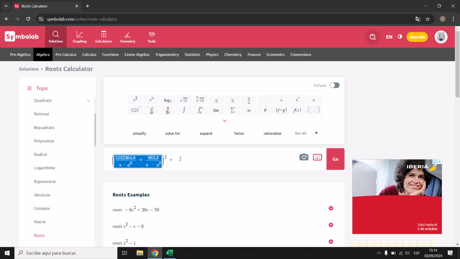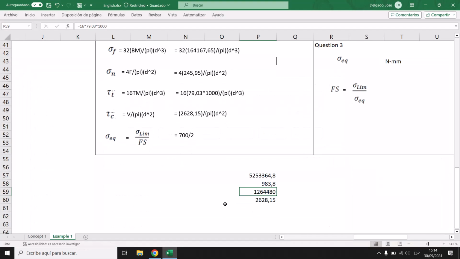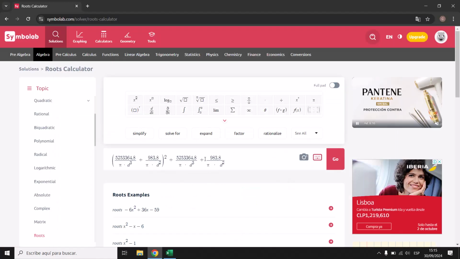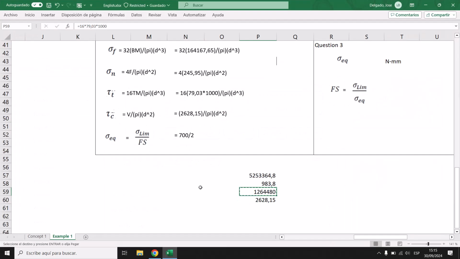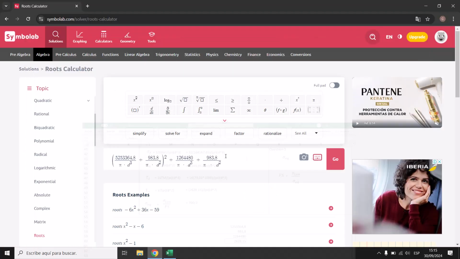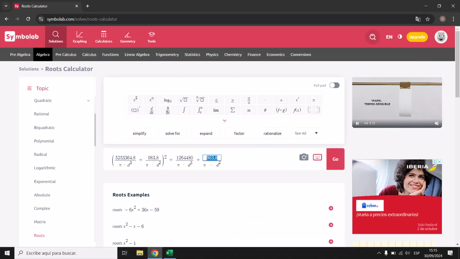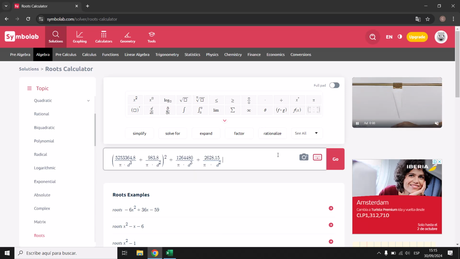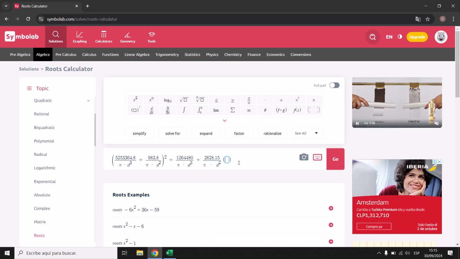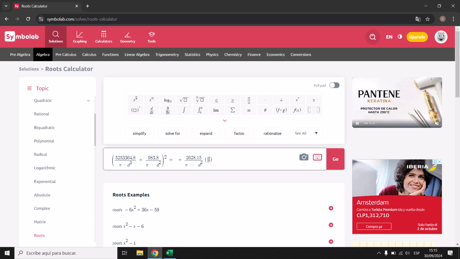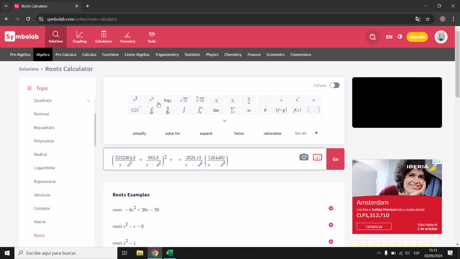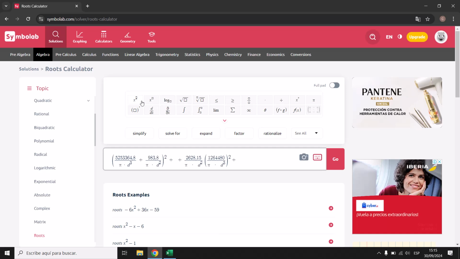Again, this value, but all of these we have to square: control X. We square this plus, okay.